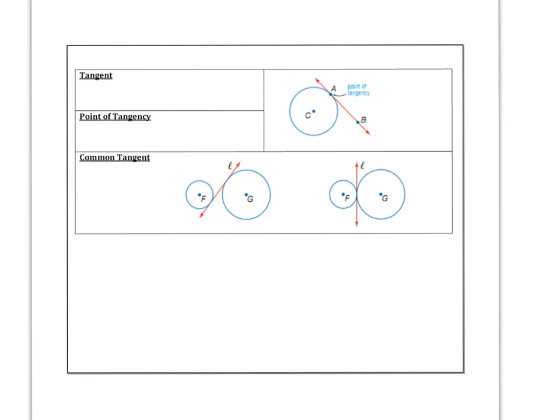So technically the mathematical definition is a line in the same plane as a circle that intersects the circle in exactly one point. We're just going to write this. A line that intersects a circle in exactly 1 point.